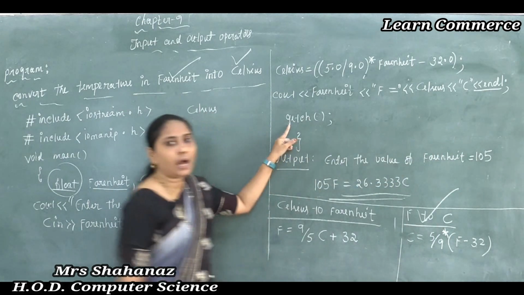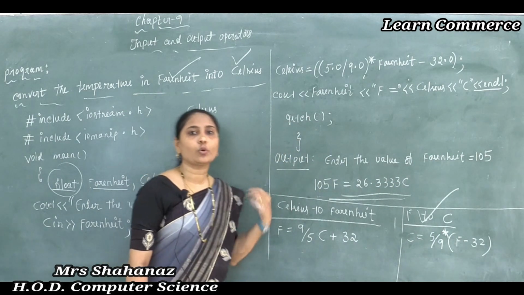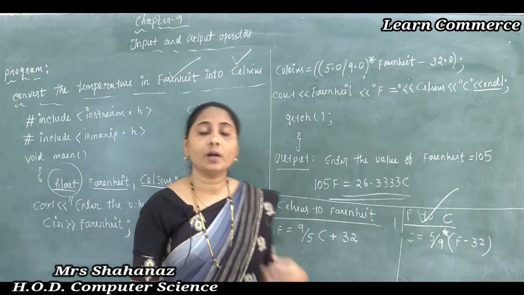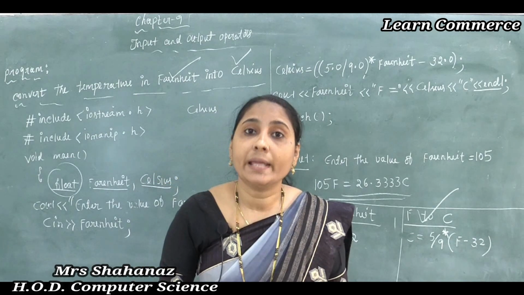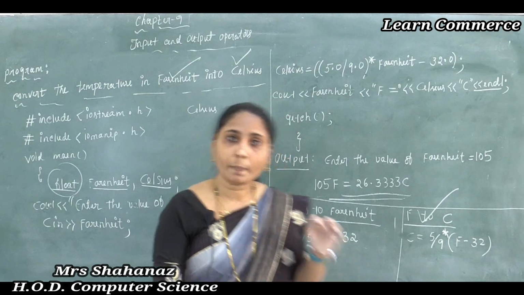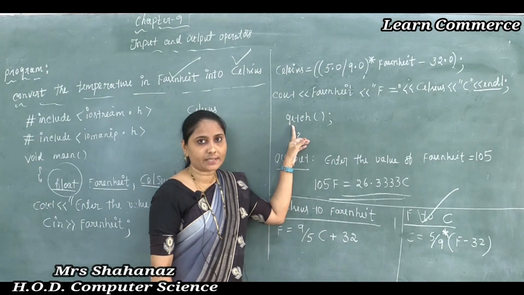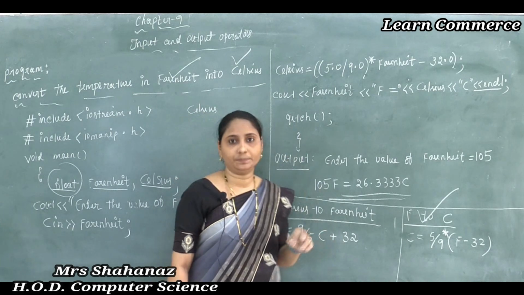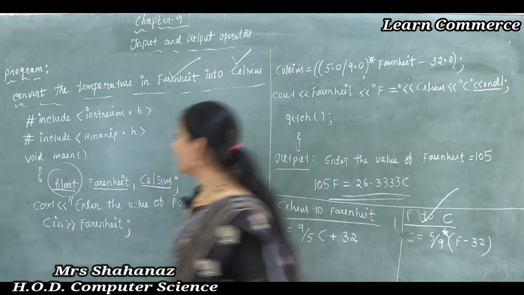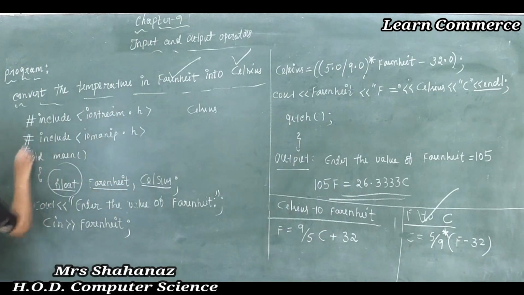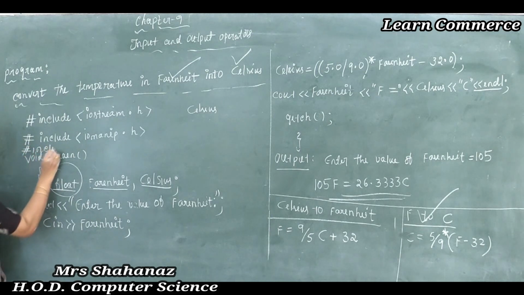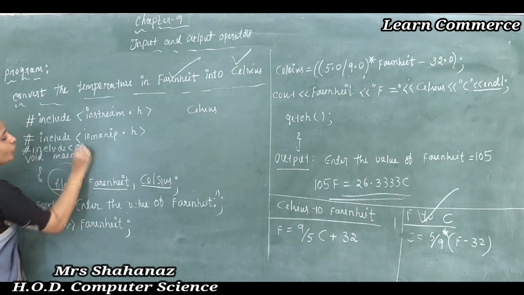And lastly after completing, before closing the flower bracket, we need to use getch, okay, it is the rule of the program. getch in this case is a function, and such getch uses one header file, that is #include conio.h.